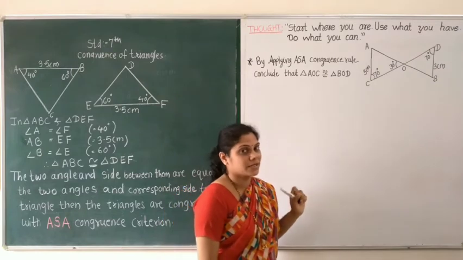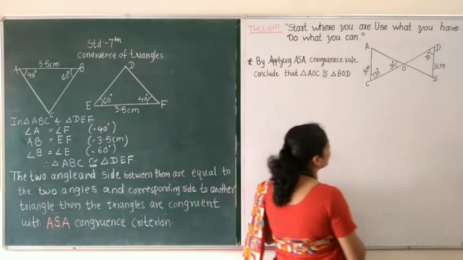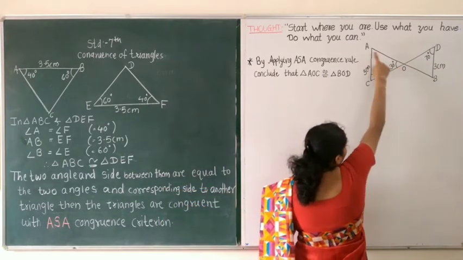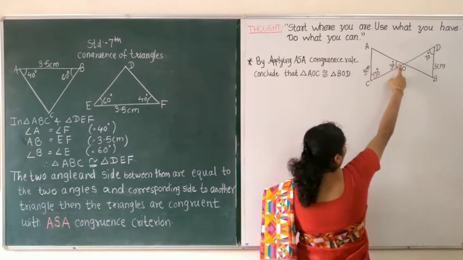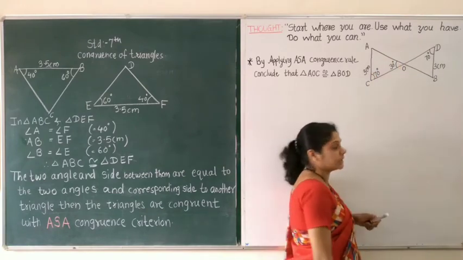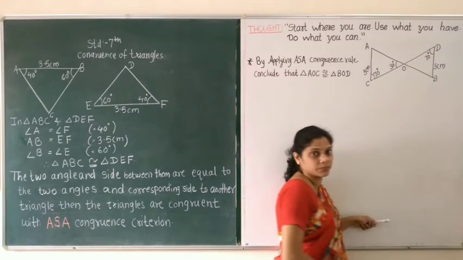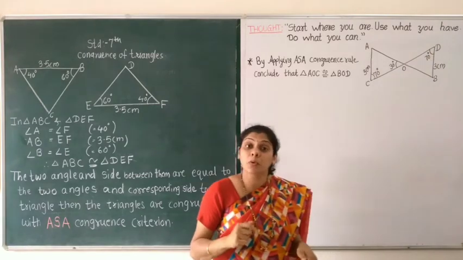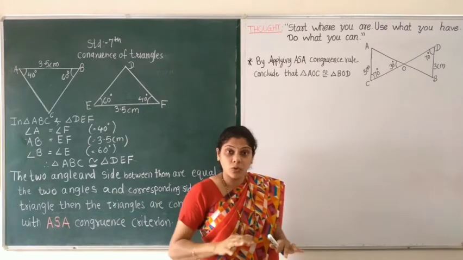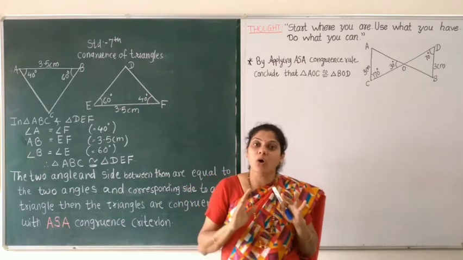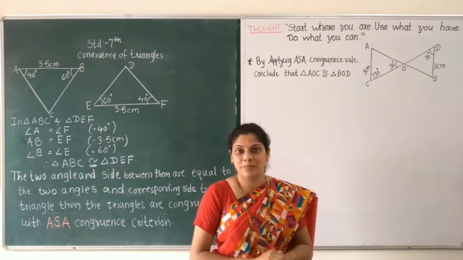First of all, look here carefully and listen carefully. You can see in AOC, angle O is 30 degrees, and these two sides cross each other. That means they are making opposite angles, and we know that opposite angles are always the same in measurement.